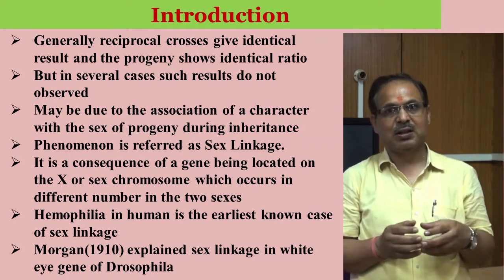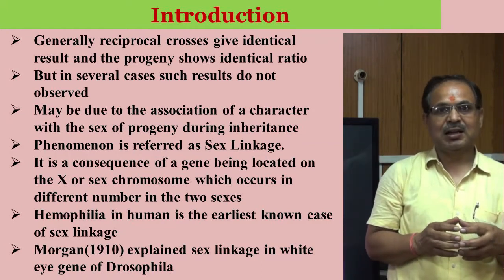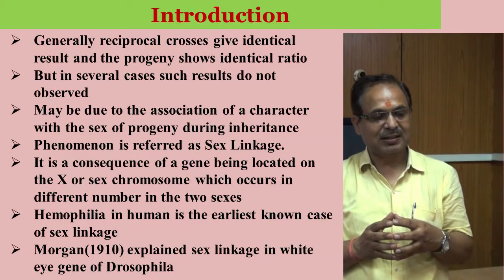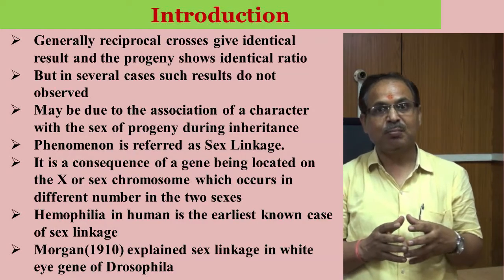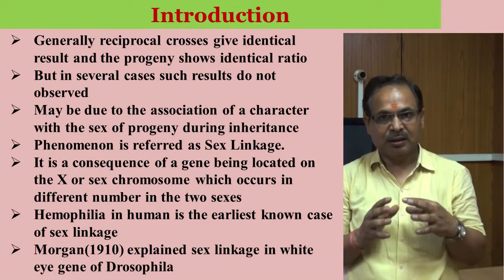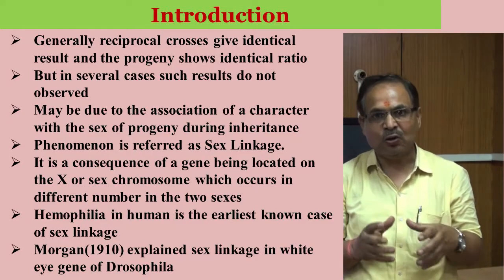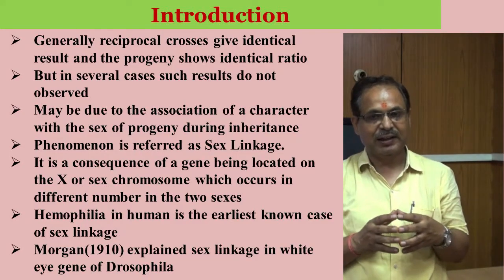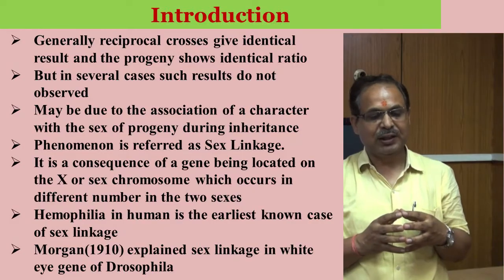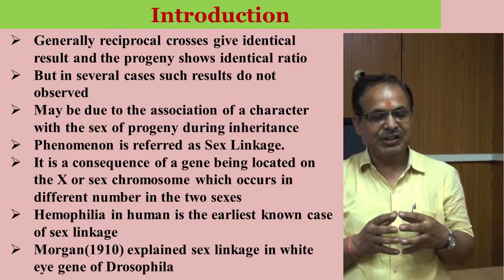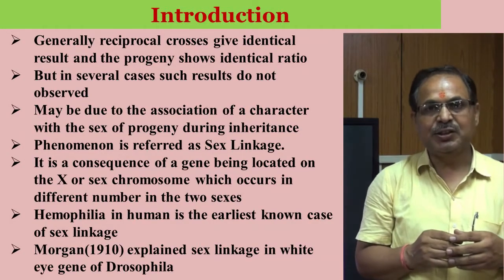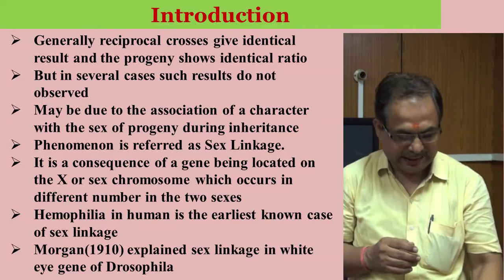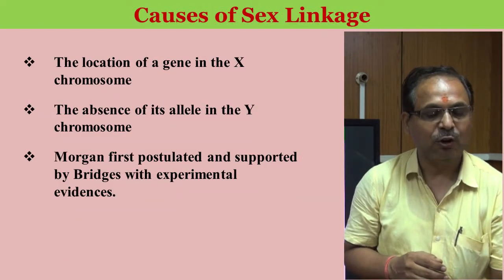Later on it was explained that it is a sex-linked character. Later, Morgan did a lot of experiments and finally concluded that the white eye gene of Drosophila is due to the sex linkage phenomenon.